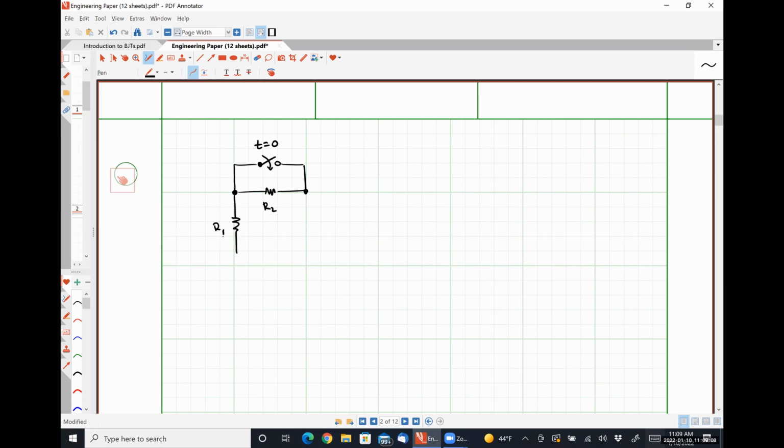And we will have this resistor here, R1. Some voltage source, I'll call it Vs. An inductor L, a resistor R3, and finally over here, some capacitor C.